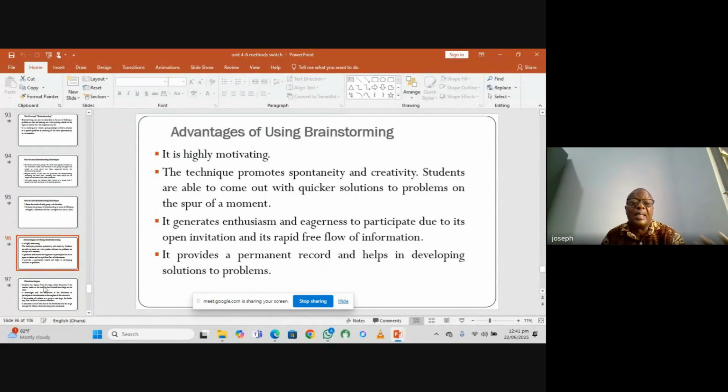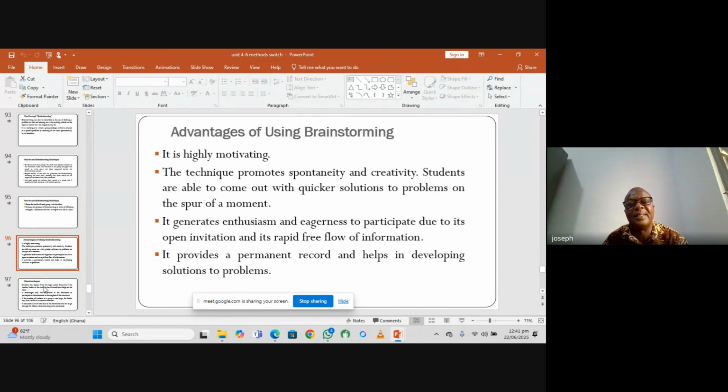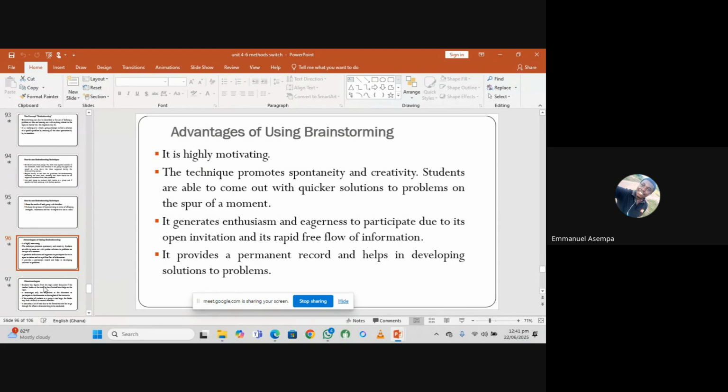And after they finish exhausting their points, you now help them to separate the bad ones from the good ones. And the good ones are the ones that they are recording in their exercise notebook or jotter or whatever, which becomes a permanent record for them to be reading. Even after school, they will take it home and it becomes a note for them. That's what we are saying. Yeah, okay. All right.